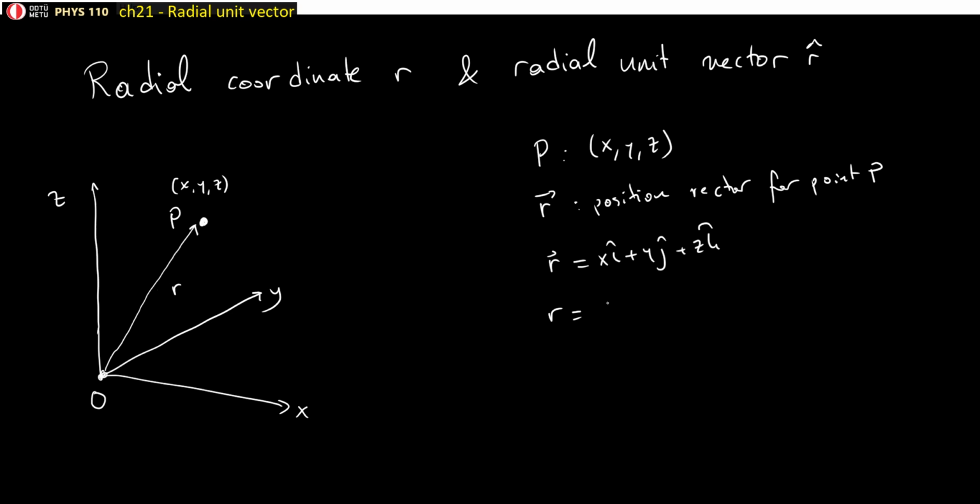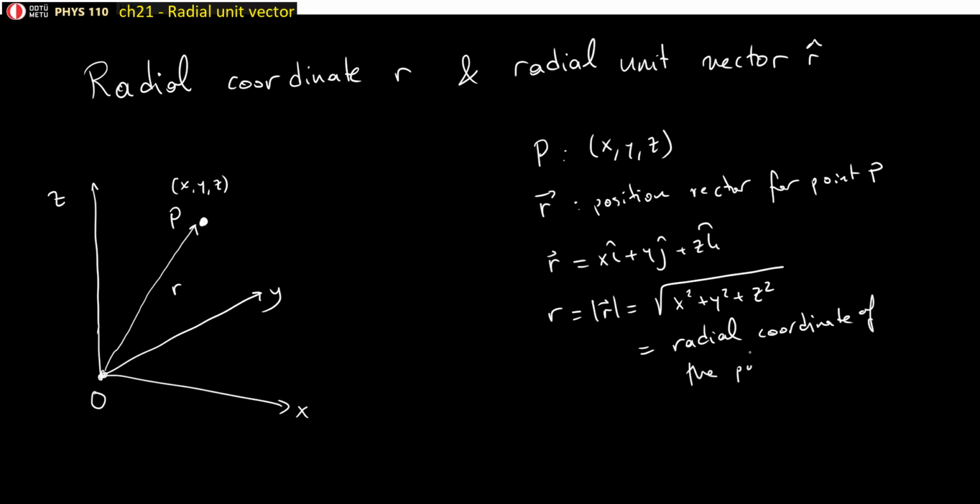The magnitude of that position vector is the distance of the origin from that point. So that's essentially called the radial coordinate of the same point P.